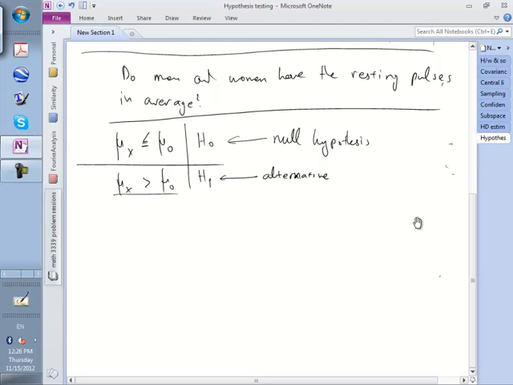And the null hypothesis is an auxiliary hypothesis. It's an auxiliary hypothesis because you only use it to set the solution of the problem. Okay? So let me set the solution of the problem.